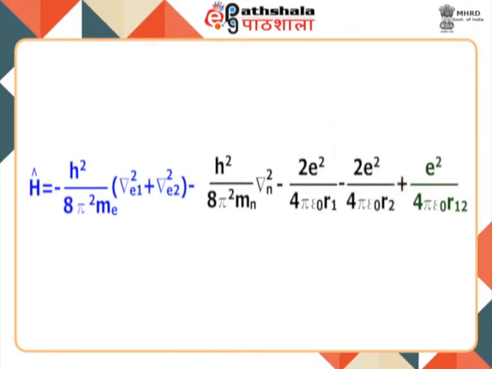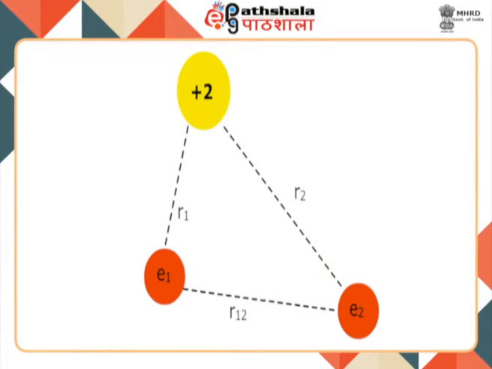And lastly, you see the interelectronic repulsion term. This is positive because this represents the repulsion between the two electrons 1 and 2. You see this term is e square upon 4 pi epsilon 0 r12, where r12, as you can see from the diagram also, is the distance between the two electrons 1 and 2.